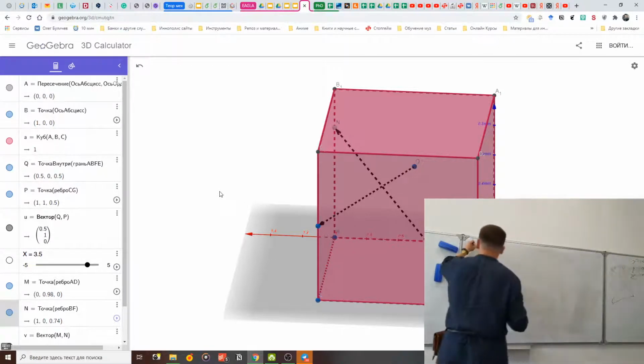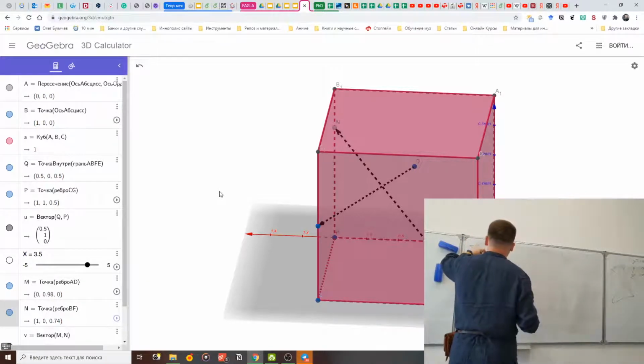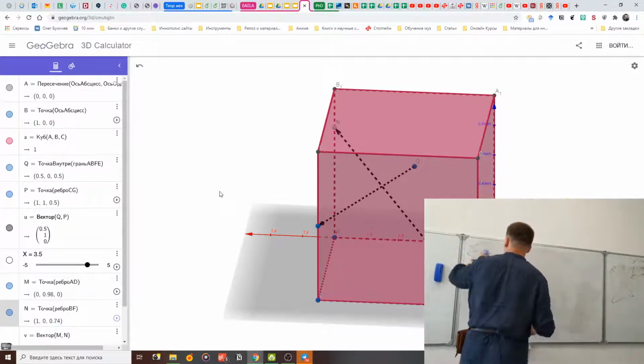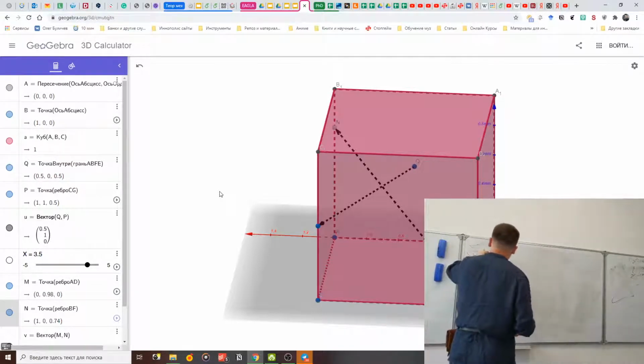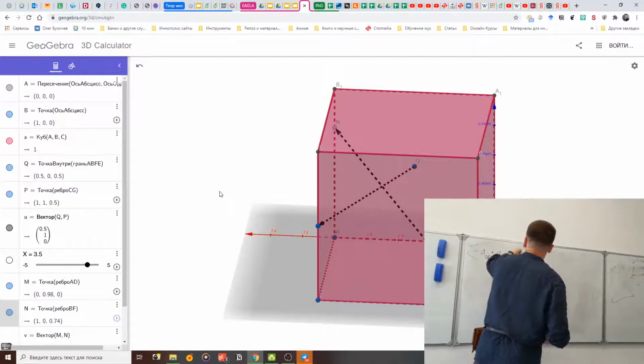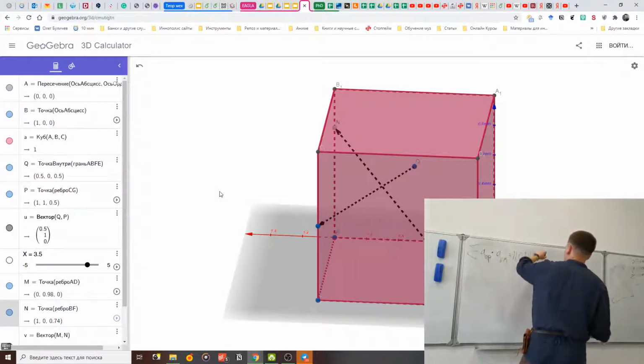It will be the sum of a times QP, and multiply by a and M. It will be equal to QP and M multiplied by cosine 90, equal to 0.